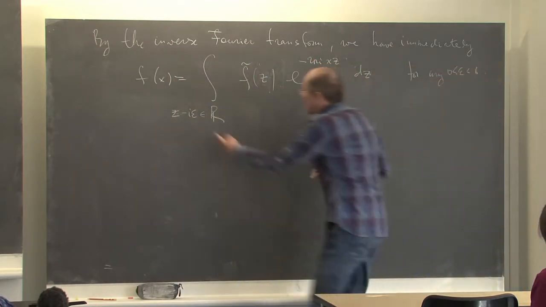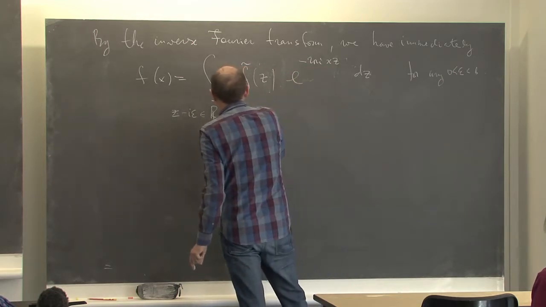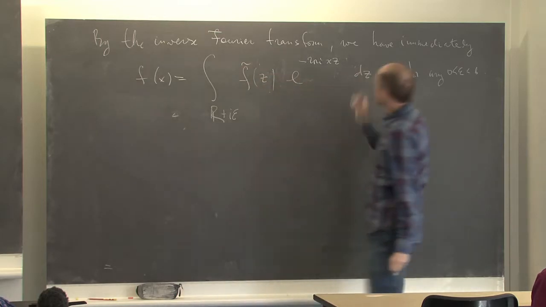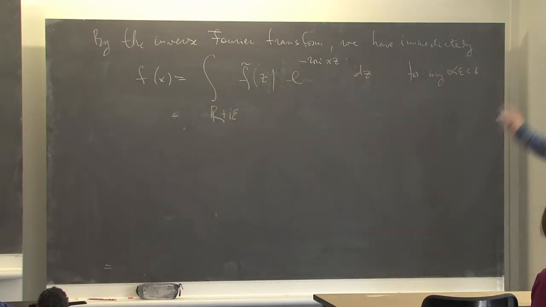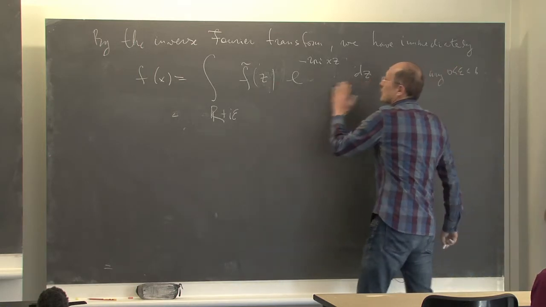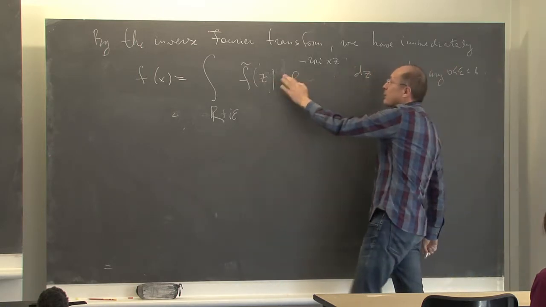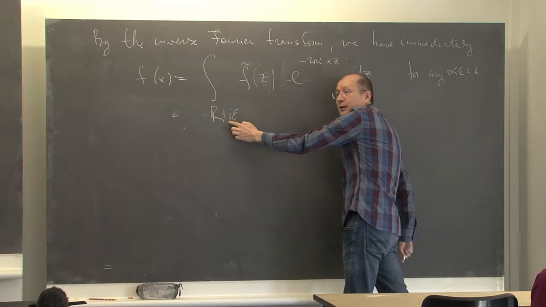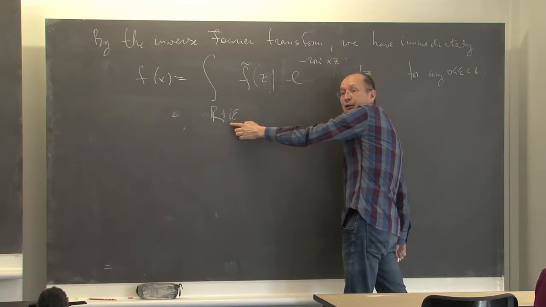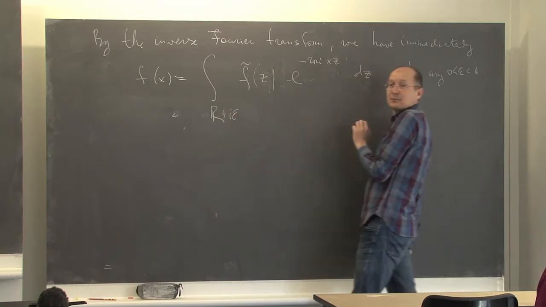Okay, and then we can put it on the other side, plus i epsilon, right? And then that's the other way of saying the same thing. So we write just the Fourier integral as it is, but z should live in the complex line parallel to the real line shifted upwards.